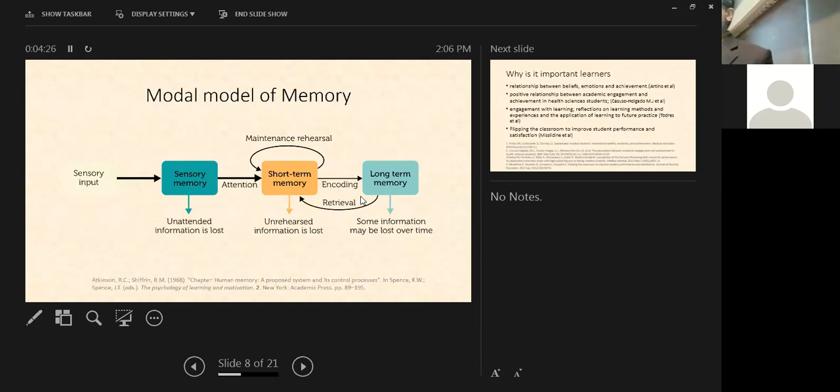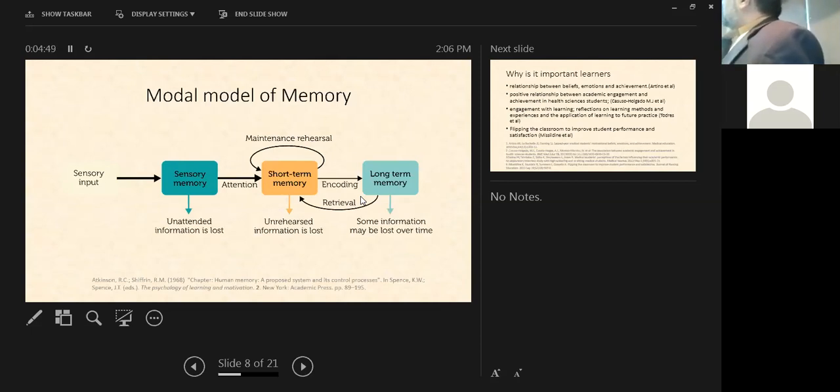This is a little model for memory and working memory. The sensory memory, all sensory inputs come in and have to go to the short-term memory, where it is processed and then encoded and goes into long-term memory, right?